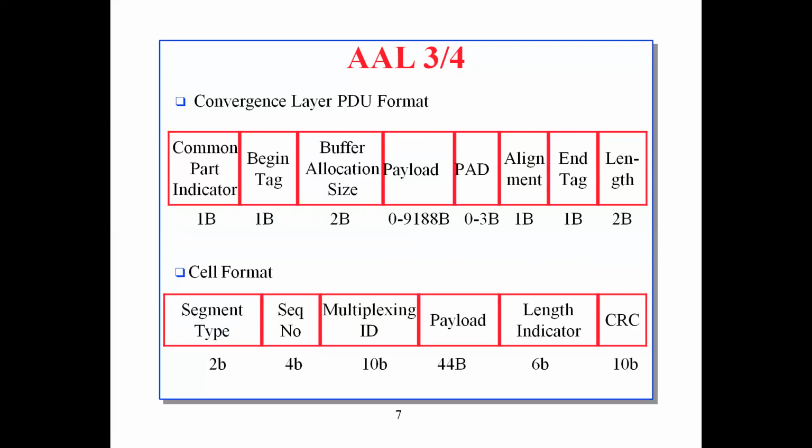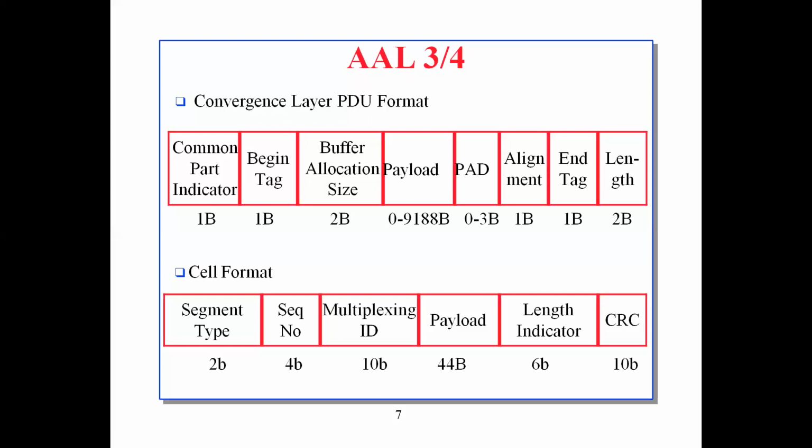If it is 10, beginning of message. If the segment type is 11, you can say that it is a single segment message. Next comes sequence number SN. The sequence number SN is used for detecting missing and misinserted cells. The next is multiplexing ID. That identification is used to keep track of which cell belongs to which session.